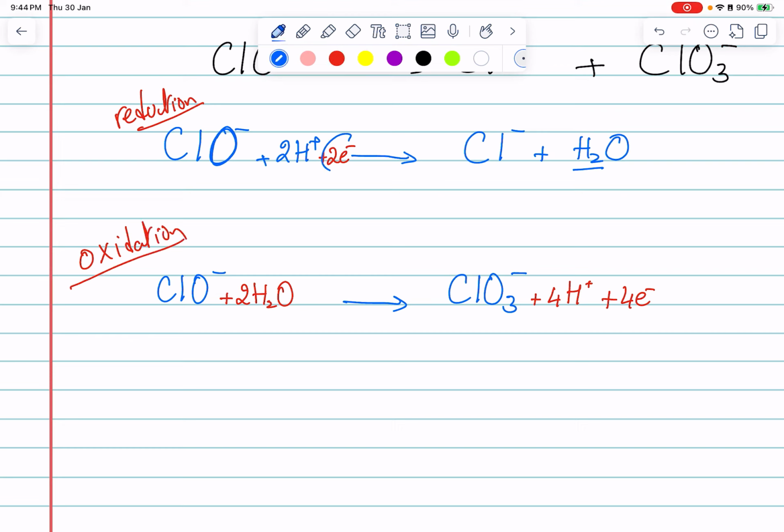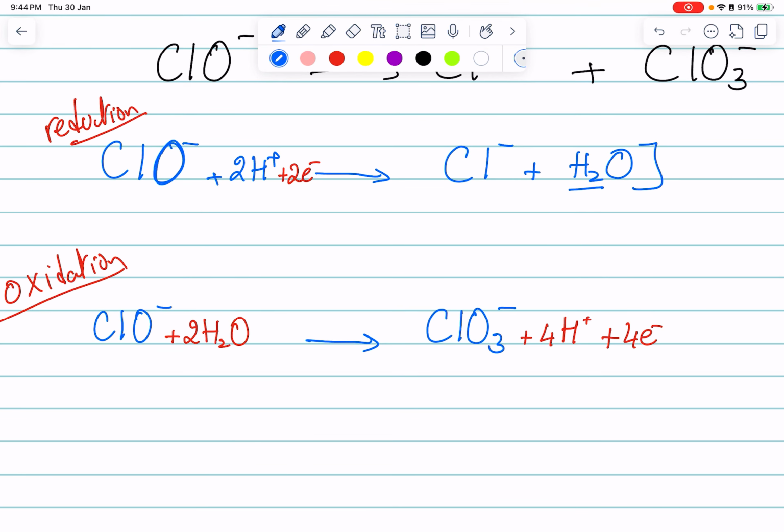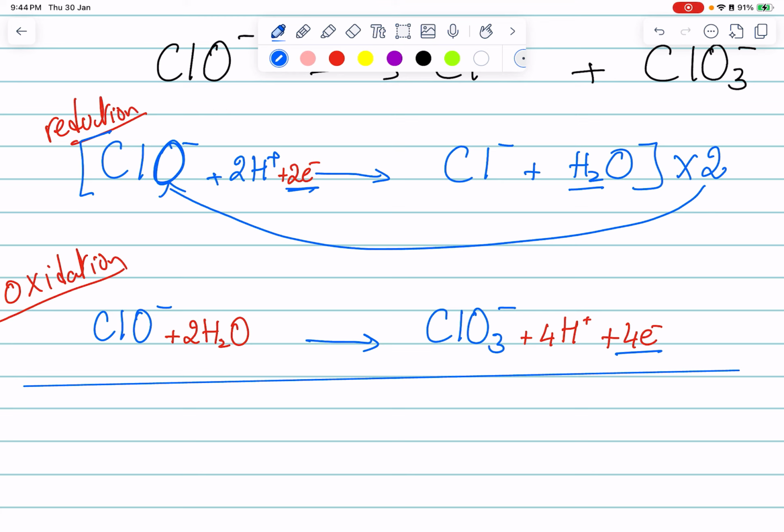Now, 2 and 4, we need to make the electrons transferred consistent and equal on both sides. So I am going to multiply the reduction by 2 in order to have 4 electrons gained versus 4 electrons lost. And now we add the 2 equations. 2 times all the sides.